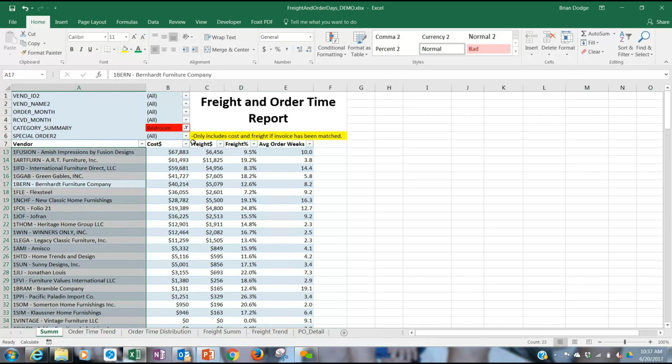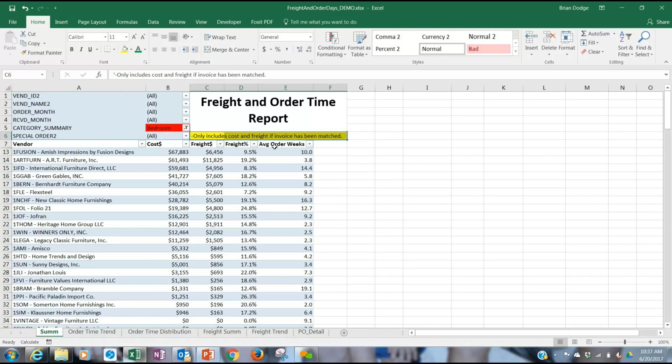I highlighted a comment there, and this comes up quite a bit as we deploy these tools to different stores: in order for it to show up on this tool, the cost and the freight of the invoice have to be matched. That's the only way we were able to pull the data directly from the point of sale system and put it into this specific tool.